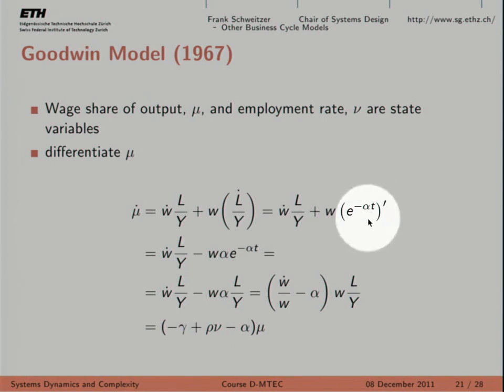Derivative of this, well, that's easy. Derivative of an exponential is simply the exponential itself times the derivative of the exponent, which is minus alpha. Therefore, we get W times minus alpha times e to the minus alpha t. This thing still remains the same. Now, e to this exponent is simply L over Y. We can factor L over Y.